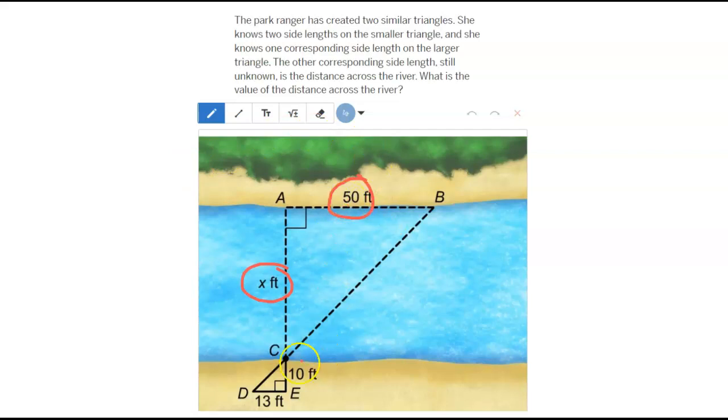So we can say that 50 is to 13 as x is to 10. Now we can cross multiply. We have 50 times 10 is equal to 13x.